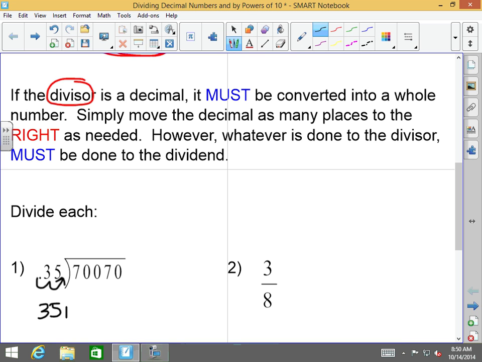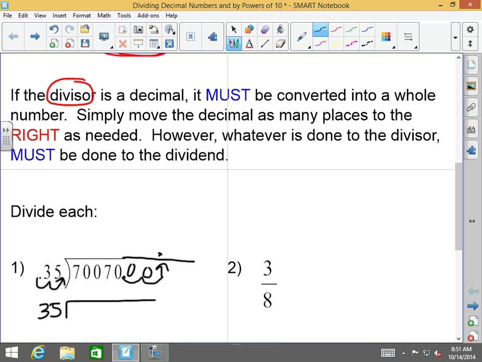But whatever I do to the divisor, to the outside, I must do to the inside. Where is the decimal of the dividend, 70,070? At the end. Very good. So I have to move the decimal 1, 2 to the right, and then bring up the decimal and fill in the zeros.